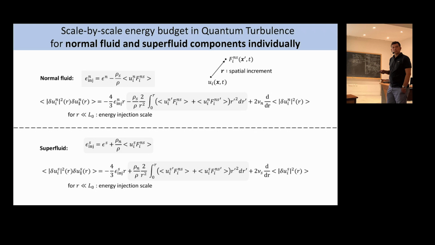The statistical law is the same as previously, with an additional term which accounts for the mutual friction. You can do the same for the superfluid. The energy injected in the superfluid is dissipated by the artificial viscosity of the superfluid, and there is also a loss due to mutual friction, and you get a similar equation with this term for mutual friction.